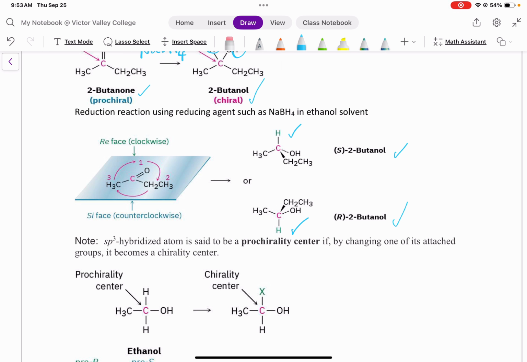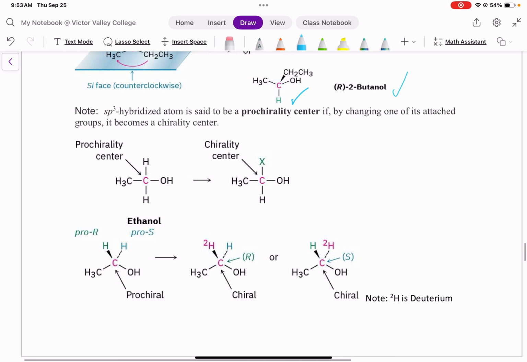For the sp3, now this carbon is not chiral, okay, but if you change one hydrogen to something different, then it becomes chiral. So we can call that prochiral.